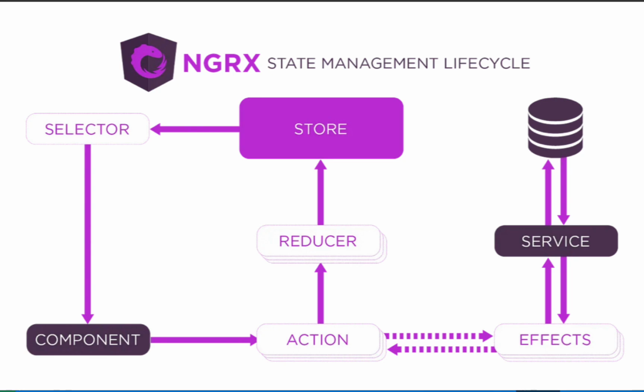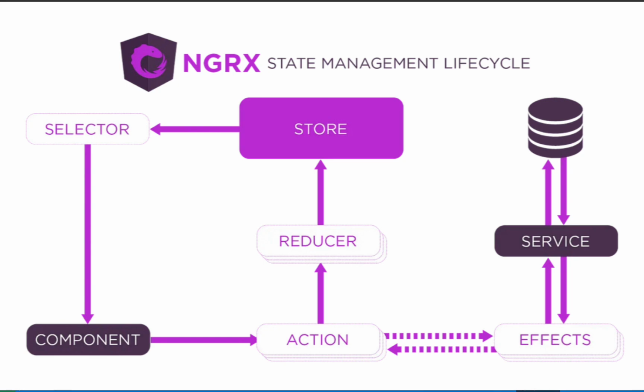The typical flow of an NgRx store using an effect would look like this. A component dispatches an action, for example, our loadTasks action, okay? There will be an effect listening to this specific action, and this effect will trigger our side effect, which is to call the API, okay?